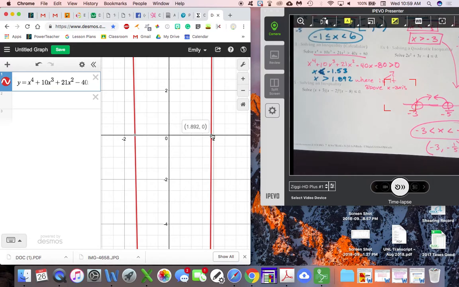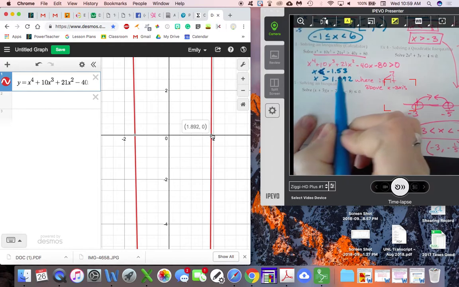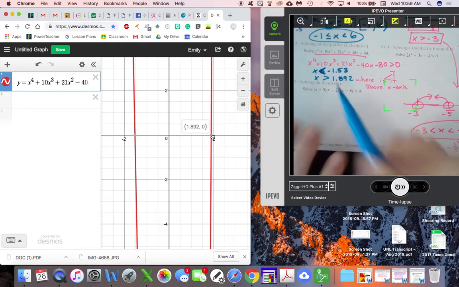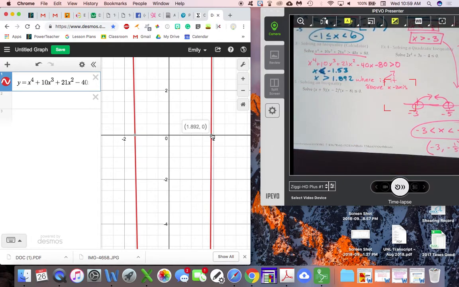Okay? Now, is it less than or equal to negative 1.53 and greater than or equal to 1.89? Why not? If you look at the original equation, it's not equal to in the original equation. So it's not going to be equal to on mine, because it can't be equal to 0. It's only greater than 0, right?